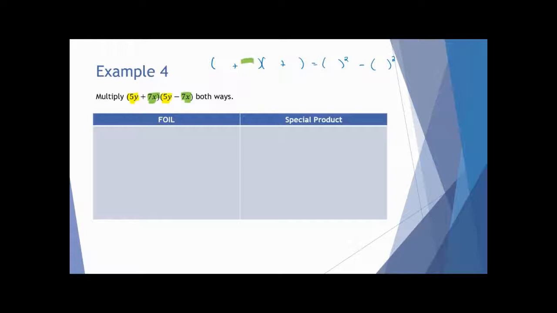So this is the pattern. Whoops, that's supposed to be a minus. Whether the plus is first or the minus is first, it does not matter, just as long as they look the same, but they have the opposite signs.